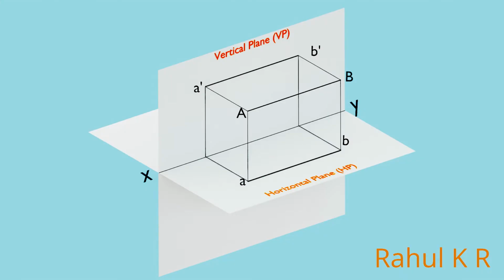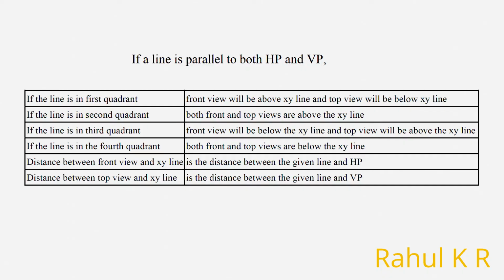If the object is in any other quadrants, the position of front view and top view with respect to XY line changes. Also, the distance between the front view and XY line is equal to the distance between the given line and HP, and the distance between top view and XY line is equal to the distance between the given line and VP, no matter which quadrant the line is.